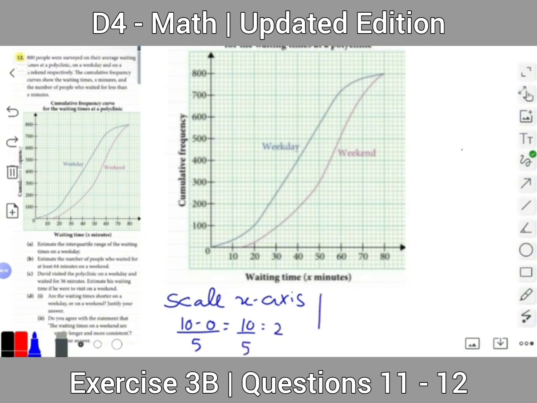So each square unit along the x-axis is equal to 2. Now the scale along the y-axis. We have 2 points, 100 minus 0, divided by the total number of squares between these 2 points, and that is 5. So 100 divided by 5 is equal to 20. So each square unit along the y-axis is equal to 20.